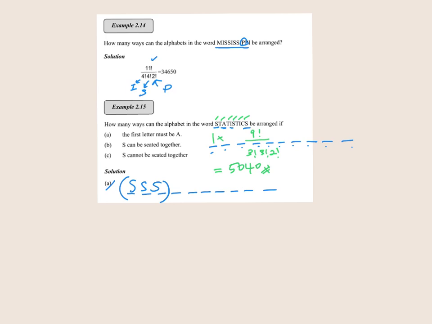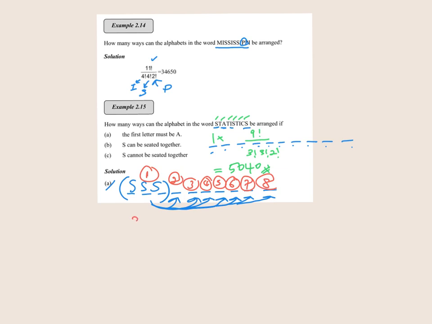We tie the S together and then you move it around. So instead of having 10 different letters just now, in this case you're only going to have 8.